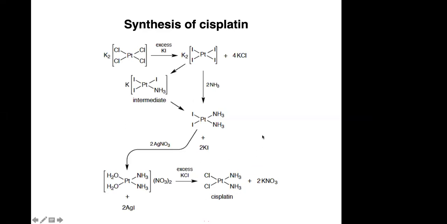So this is the pathway for making cisplatin. And you should think about an interesting problem: how would you go about making transplatin? So that same molecule with chlorides in the trans position and ammonias in the trans position instead of cis.